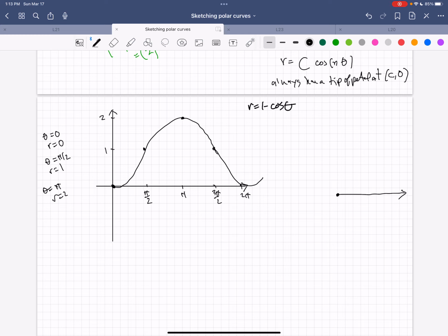So we have this one at 0, 0. Then we have a radius of 1. And I'm going to do these circles again. So we have a radius of 1 at pi over 2, then a radius of 2 at pi.